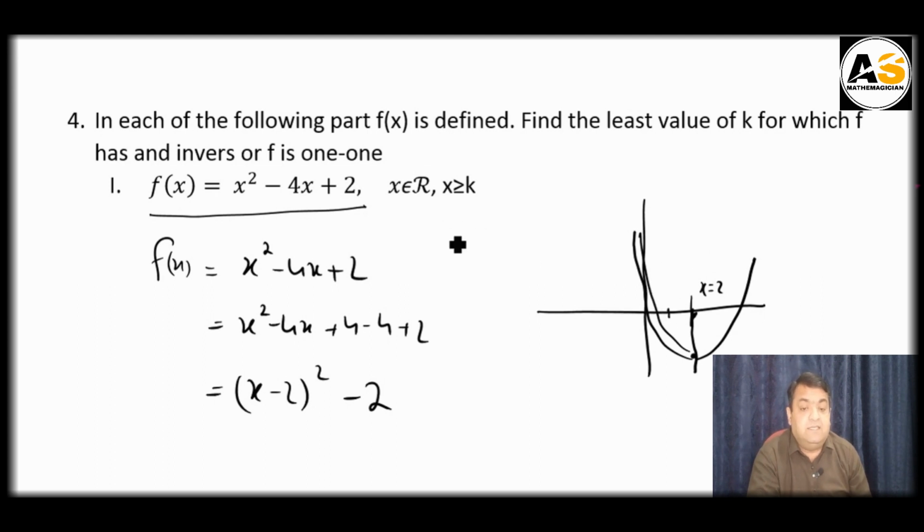Its inverse will exist. Now, this function was defined for x greater than or equal to k. This k is basically 2 over here. So after 2, the function will be 1-1. So the x coordinate of the vertex is the critical value of k. If it is x greater than or equal to k, then we say the least value of k is 2.